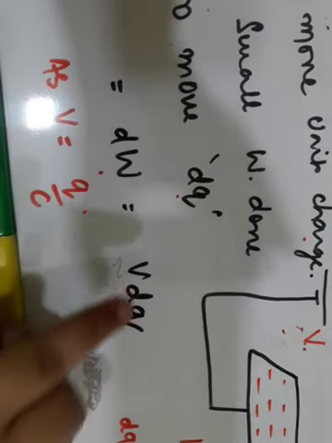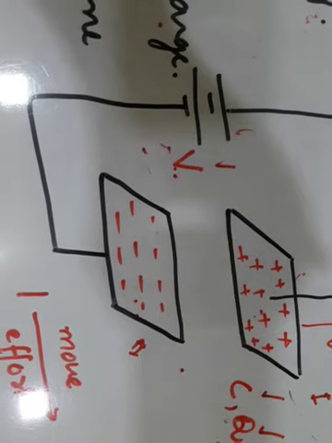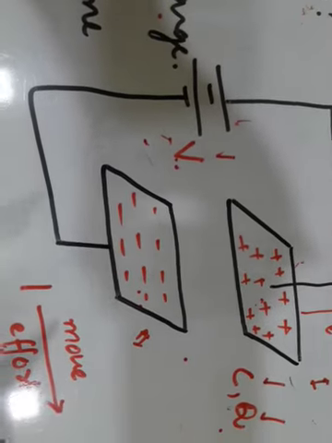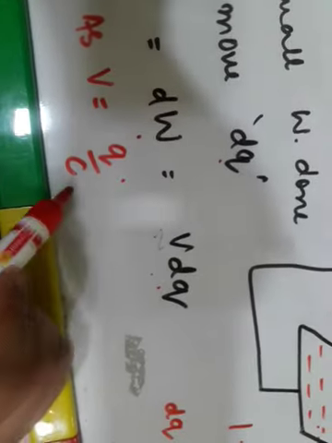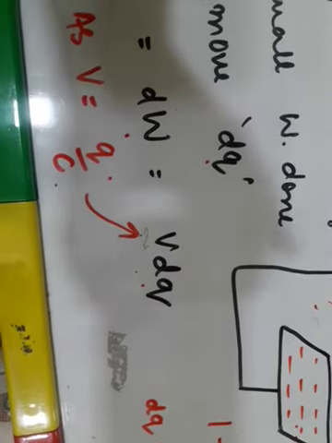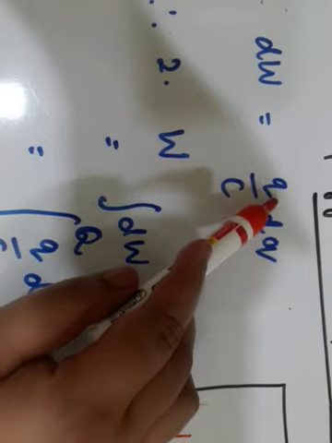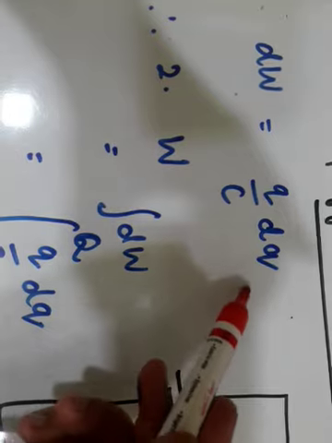ठीक है, हमने मिड में कोई भी value ले ली. मिडल में हमारे पास Q charge भी हो सकता है, zero भी हो सकता है, small q ले लिया, कोई भी arbitrary value. The capacitance will always remain C. तो हमने ये ले लिया Q by C. Now let's put this value. What do we get? So after putting the value of the V Q by C, we get the small work done dW is equal to Q by C dQ.